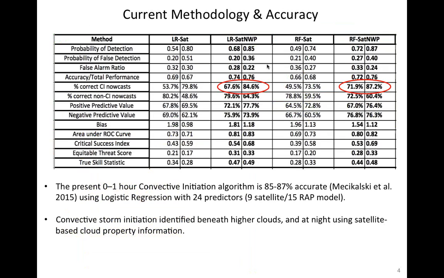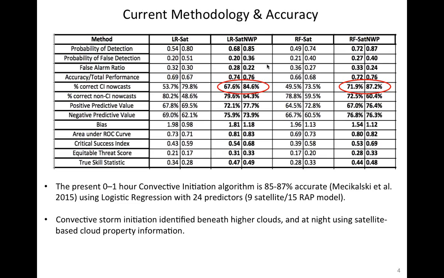I'm showing this slide, number 4, to exemplify where we are today. This is the result of a 2015 study where we evaluated logistic regression and random forest, two machine learning approaches, and we have accuracies of about 85 to 87%. There are a lot more details of the accuracy determination in the science paper that came out last year.